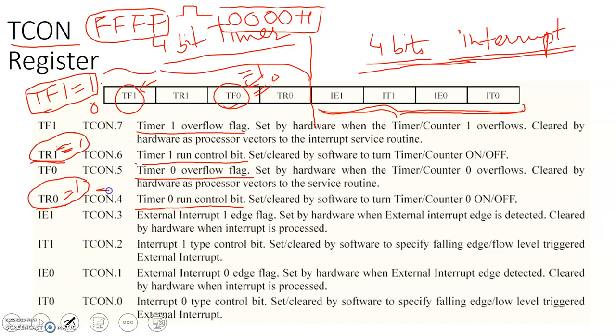And when it becomes 0, that means the counting has stopped. Similarly here also, when TR1 becomes 0, the counting has stopped. We will talk about these bits when we'll be discussing the interrupts.